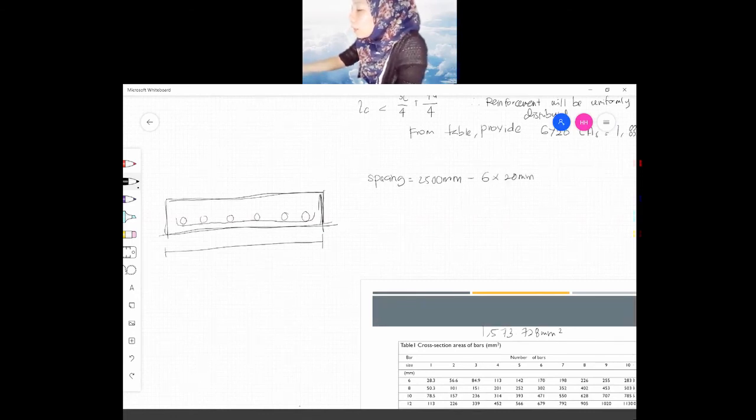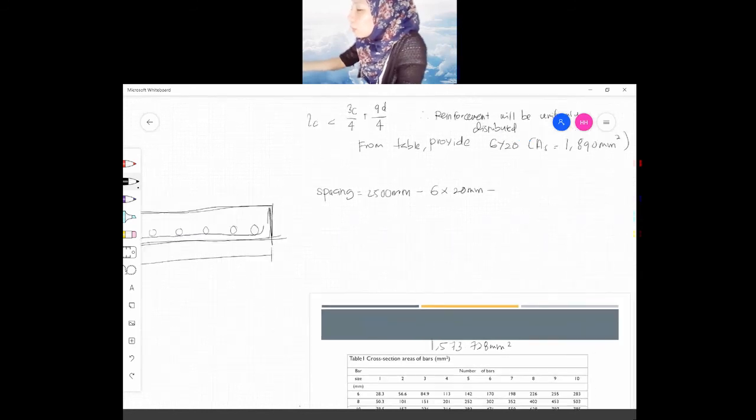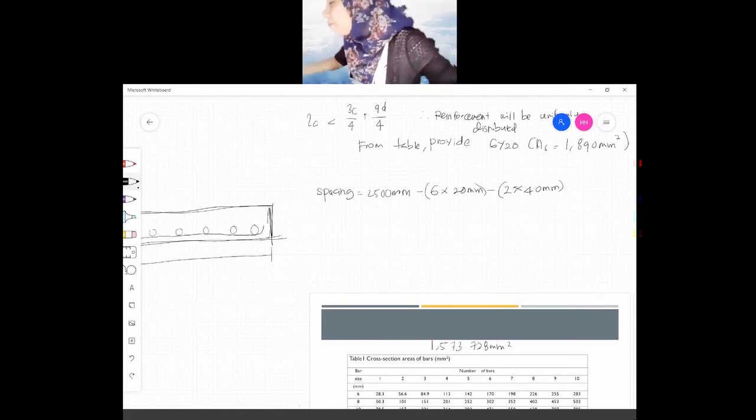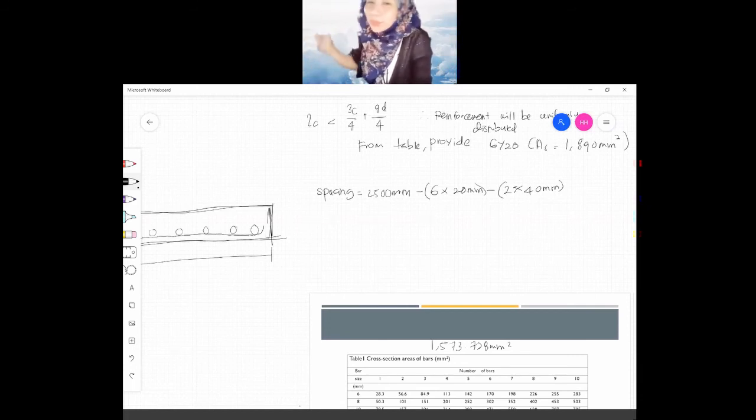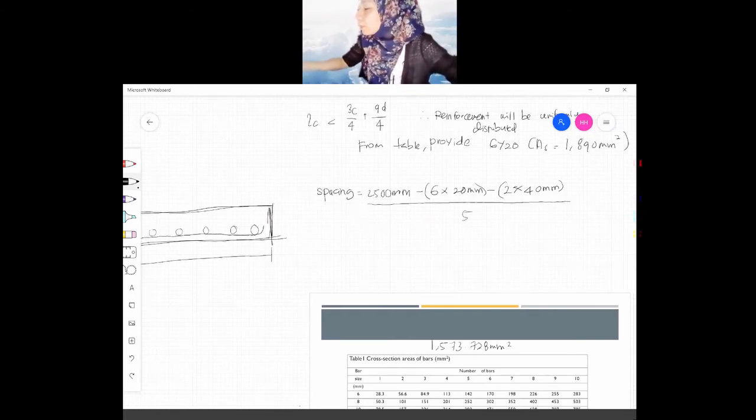And then minus dengan 2 darab 40 mm. 40 mm ni concrete cover. Kat sini tak ada shear reinforcement, jadi tak ada 2 darab 10 mm tu. Bahagi dengan 5.